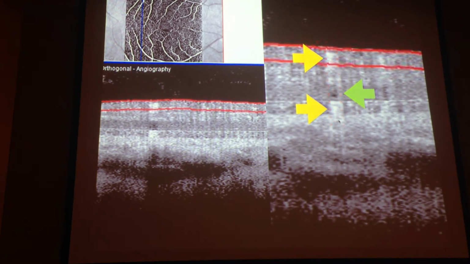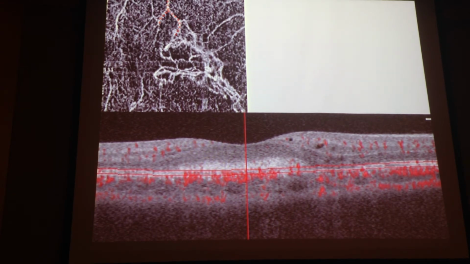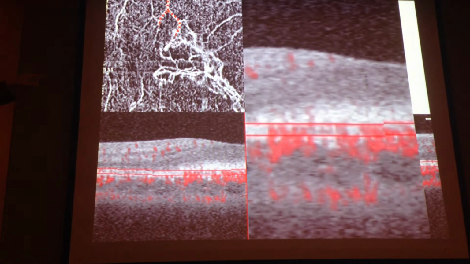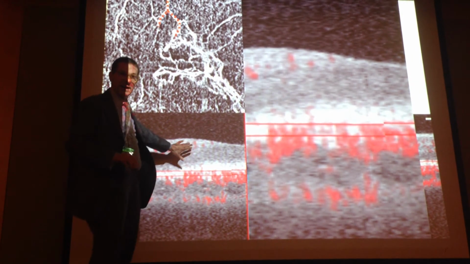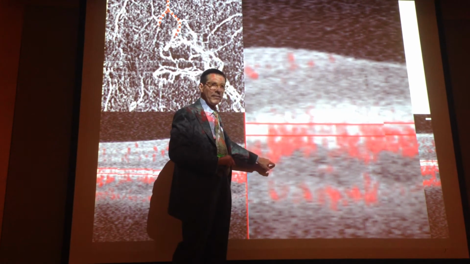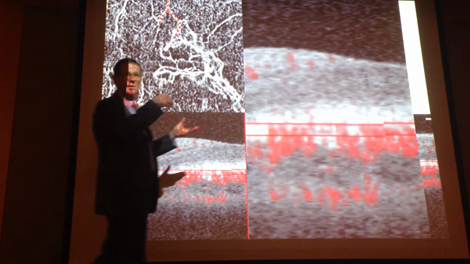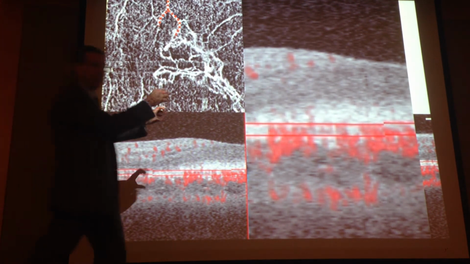I can try to show you something else. In choroidal neovascularization, it's the same thing. If you explode it, you actually see, this is a normal OCT, but the red is the optic flow, you see a sample.